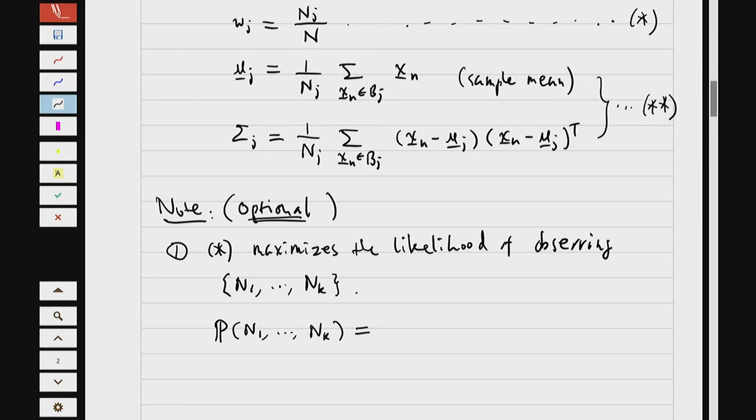Well, the probability of seeing N1 in the first bump, N2 points in the second bump, and so on together. But there are many possible ways to arrange those points such that this many fall into the first bin, this many fall into the second bin, and so on. So there is a slightly more complicated formula. What you're thinking is correct, but there's a factor. Exactly, some kind of factorial, right?